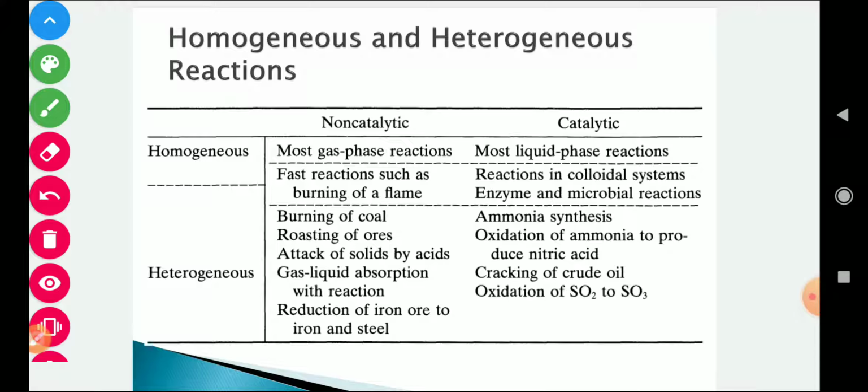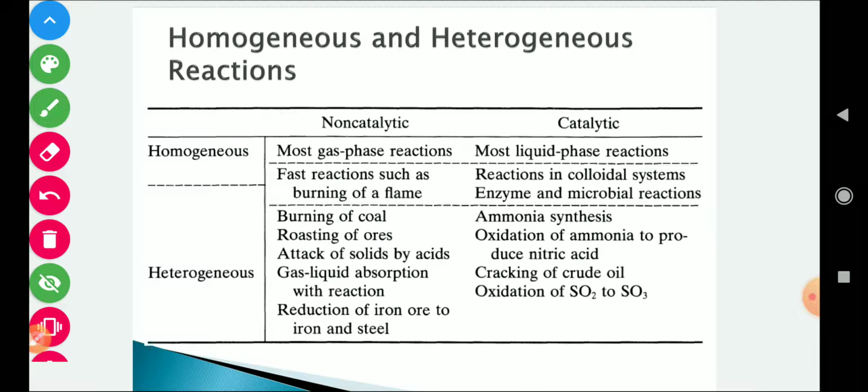On the other hand, the homogeneous catalytic reactions are mostly liquid phase reactions. In the first type, they are fast reactions such as burning of flame, and the examples of catalytic homogeneous reaction are reactions in colloidal systems, enzyme and microbial reactions.